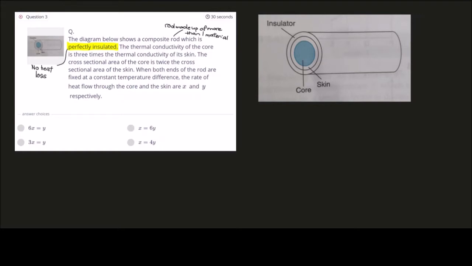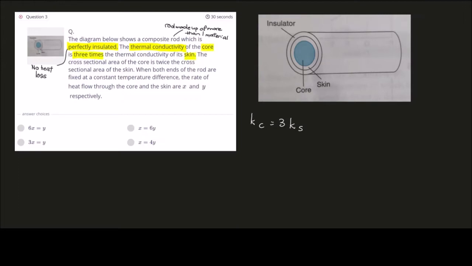So you can say thermal conductivity is K. So the K of the core is 3 times the thermal conductivity of the skin. So that's what this sentence means. So we have to convert things from sentences into mathematical expressions. So that's very important. K is thermal conductivity, and it's 3 times between the core and the skin.